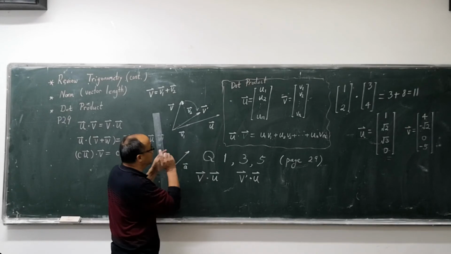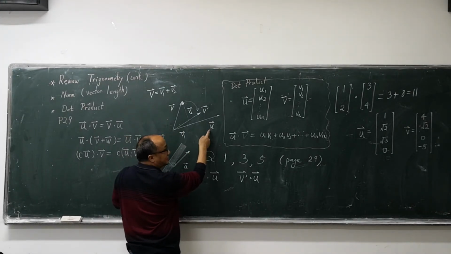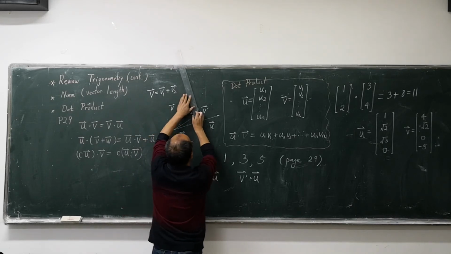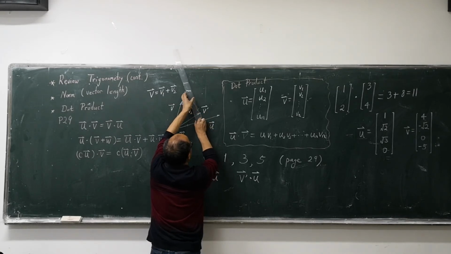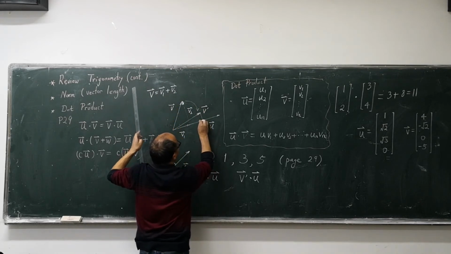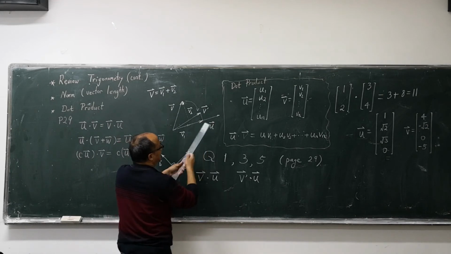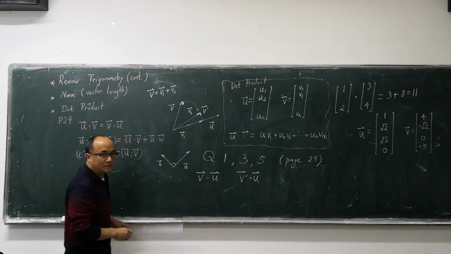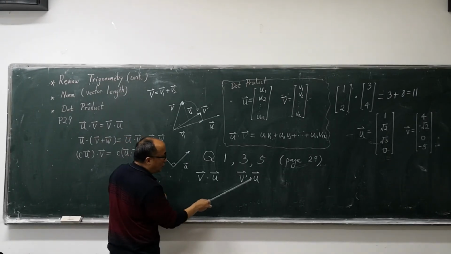This one has more ingredient in this direction because you draw a vertical line. Okay. So this one has this much ingredient in this direction and this much. So this one is the larger.